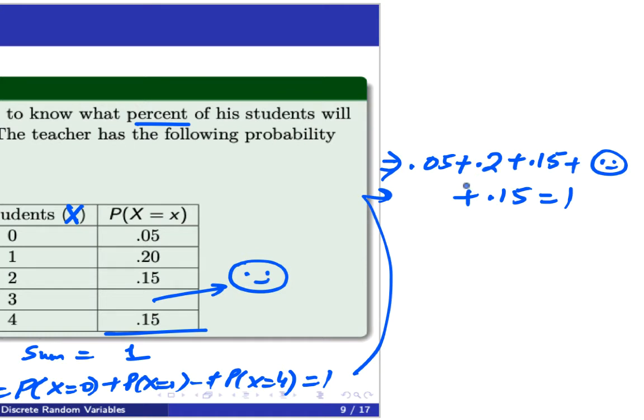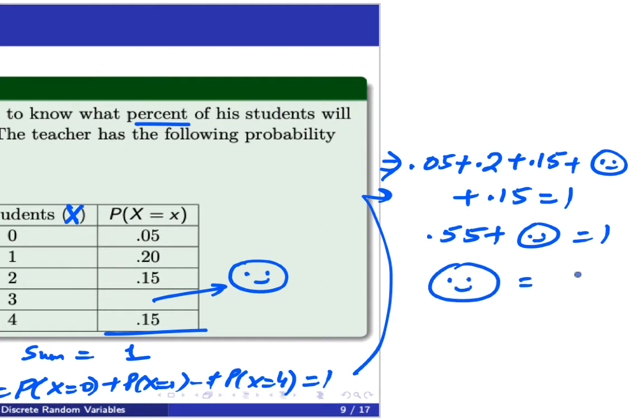So what is this? 0.05 plus 0.2. Let's take out your calculators, guys. Go ahead, and let's do the math. So we find this is 0.55 plus my little smiley face equals 1. So what is my smiley face here?